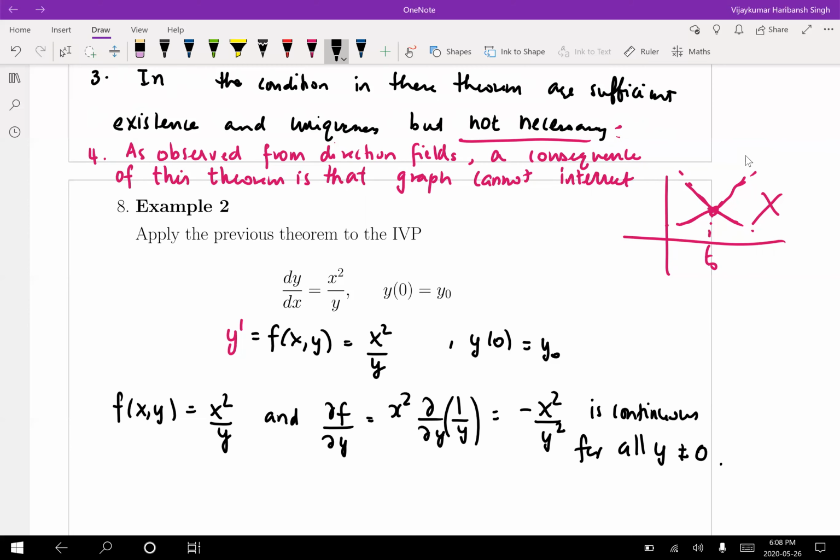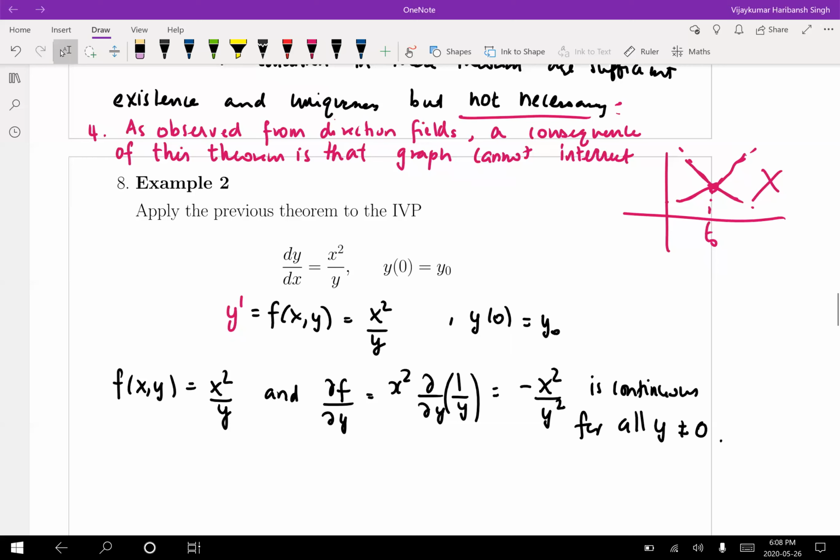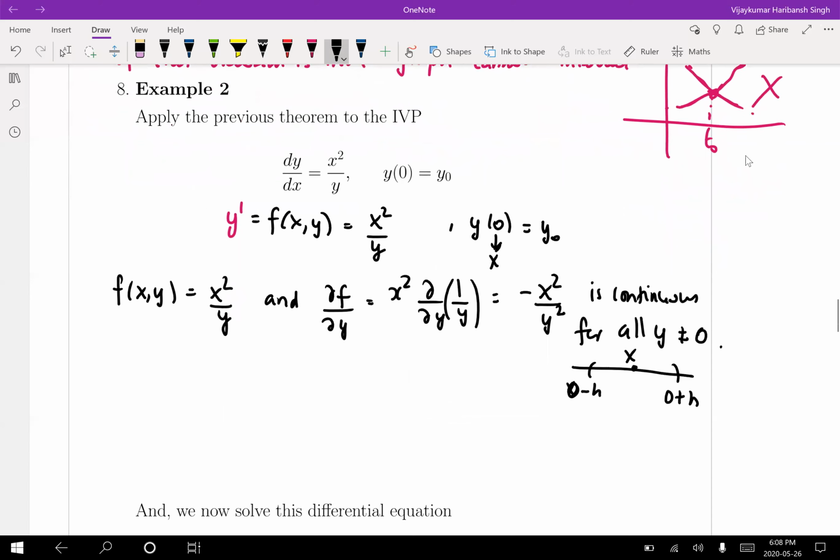Okay, so this means for some t naught, well, in this case you have x instead of t, so for some interval between 0 minus h and 0 plus h, for some x in here, we'll have a unique solution, right? So let's go ahead and do that.